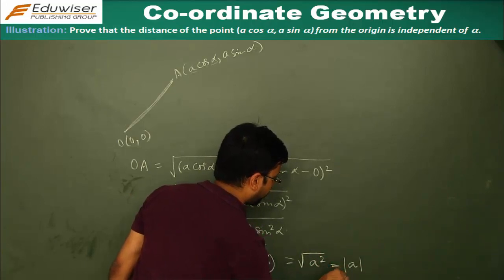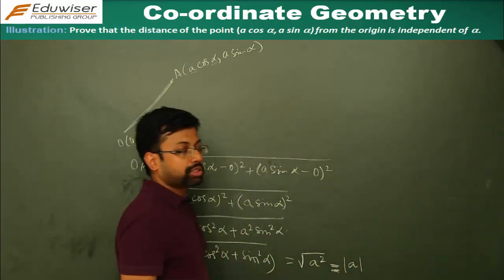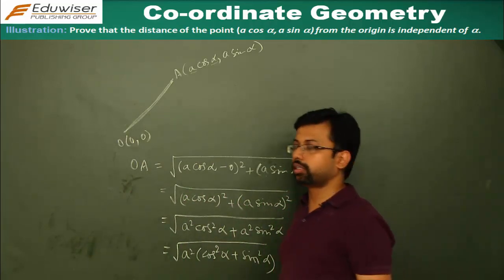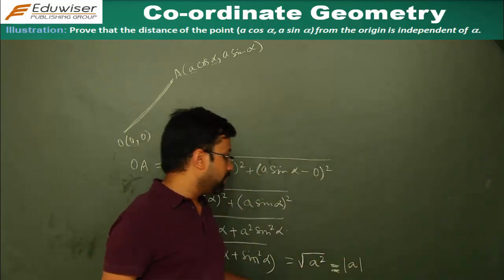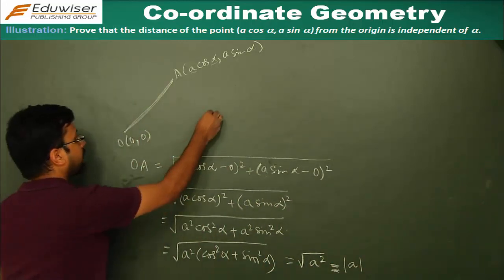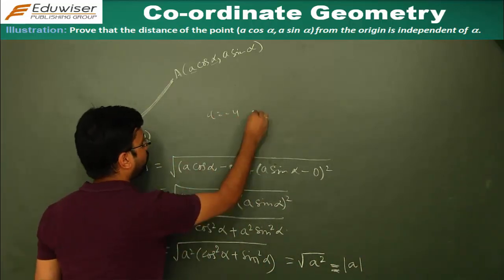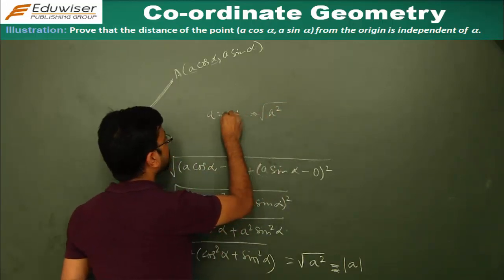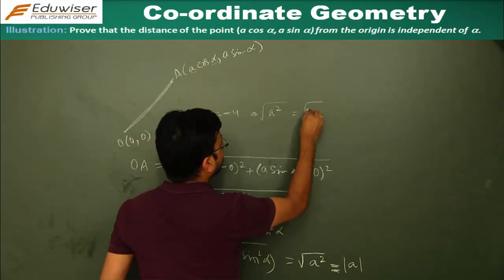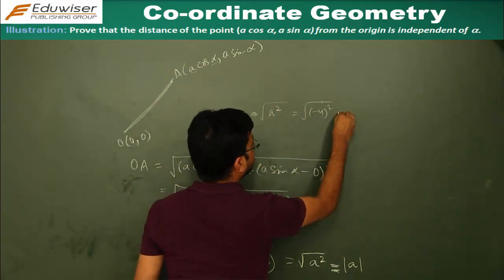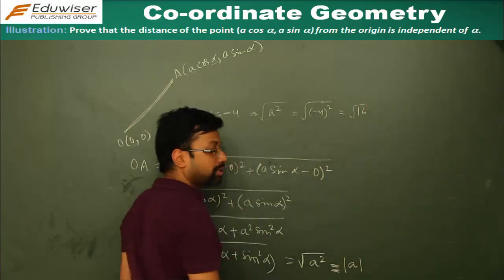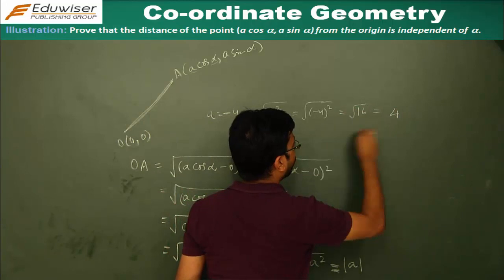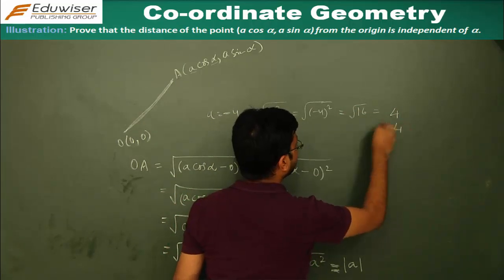Why have I written mod a? a could be positive, a could be negative. Hence, I have put a mod sign over here. It doesn't affect the result. It actually makes it correct, because if suppose a is minus 4, then what will be root over a square? Root over minus 4 square, which is root over 16, right? So, root over 16, would it be 4 or would it be minus 4?